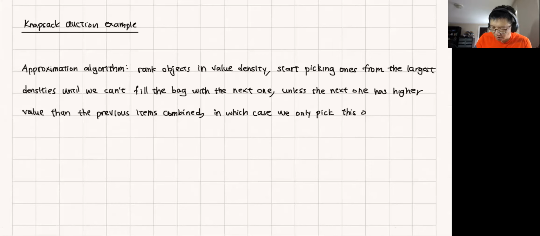Okay, so that is the approximation algorithm for offer maximization.